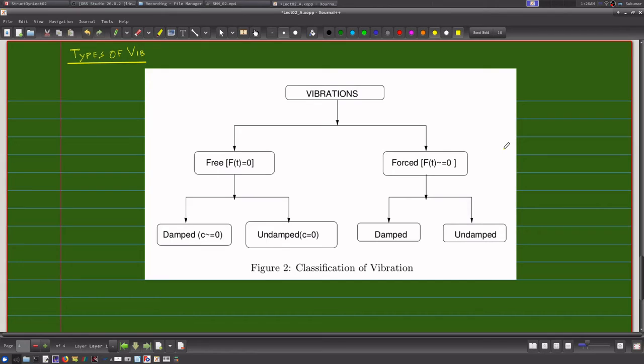So we have two types of vibrations. Basically, one is free and the other is forced.